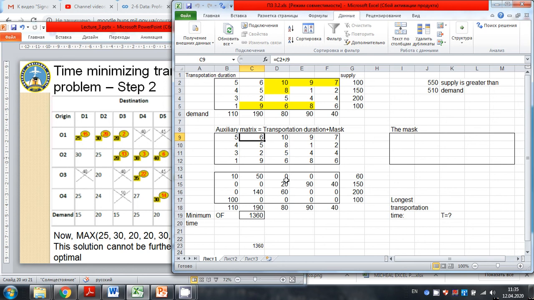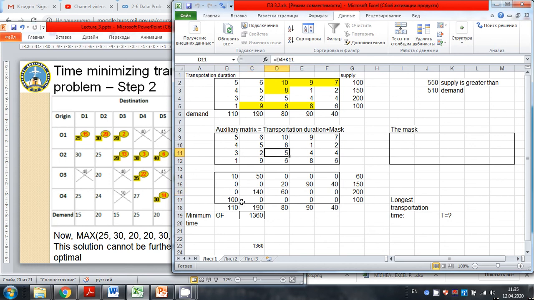Again, 8 hours, 1 hour, 2 hours are represented. Then 2 hours, 5 hours, 1 hour is represented.